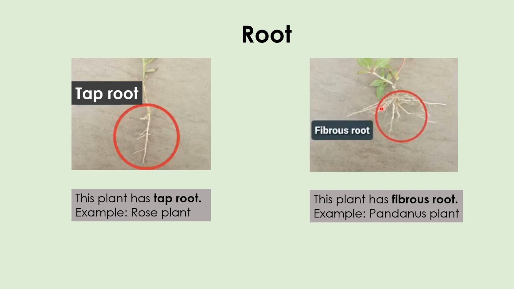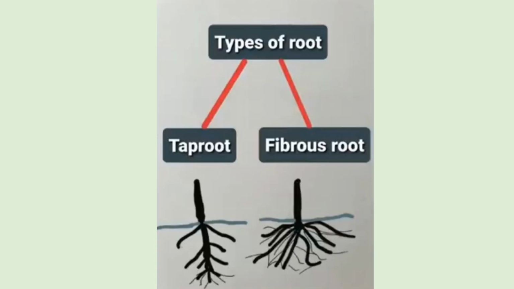Now look at the root. The root are similar size and length. And this type of root does not have main root. So this plant has fibrous root. Example of plant that have fibrous root is pandanus plant. So this is the types of root, taproot and fibrous root.